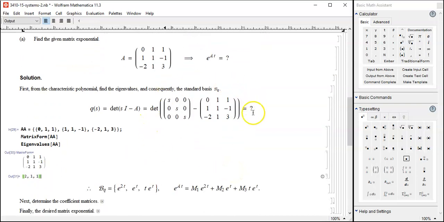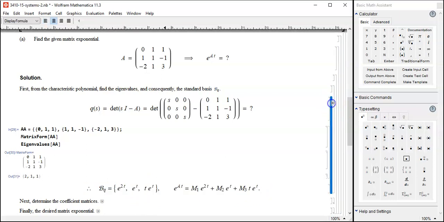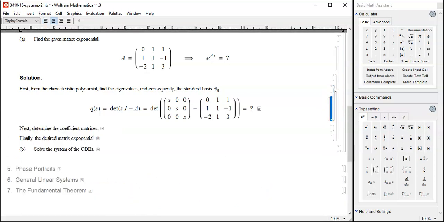So if you take this determinant and factor it, I'm going to get s minus 2 for this eigenvalue, which will give me this. And then s minus 1 squared, the double root for this 1, 1. So e to the t power and t e to the t power for the double root. The detail is left to the students.